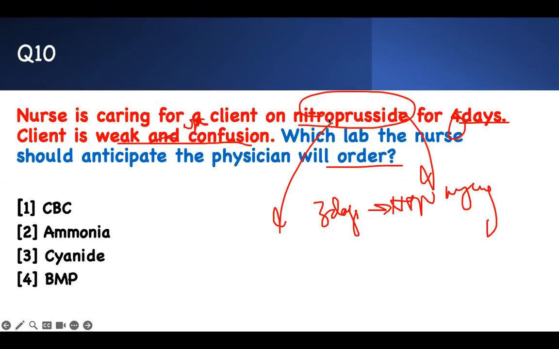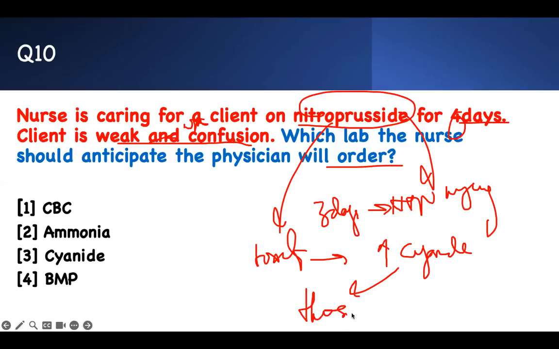When you have toxicity of this medication, you have weakness, confusion, delirium. Why do you have all this? It's because you have cyanide toxicity. And what do you give the patient? Thiosulfate. So this patient is demonstrating cyanide toxicity. Therefore, we should check the cyanide level and give them thiosulfate as an antidote.